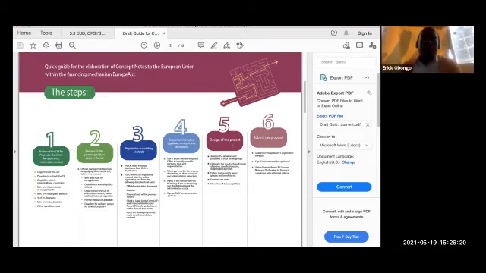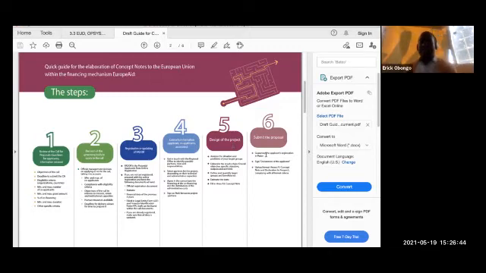So you have to make sure that all those documents are signed, and in the submission you can attach your concept note, your declaration of the lead applicant, as well as the declaration of honor from the co-applicants and the affiliated entities. So once you are certified, then you can submit.